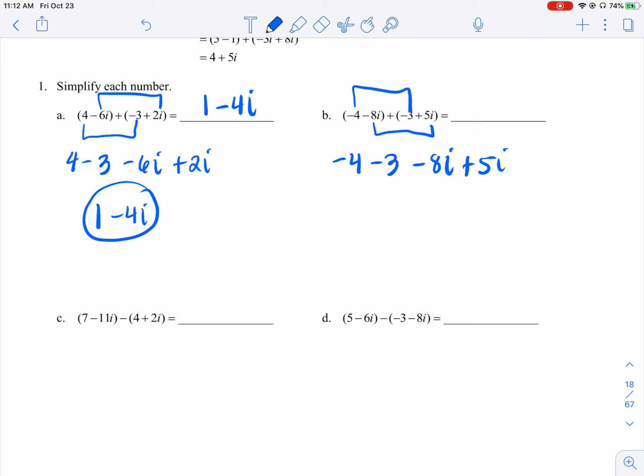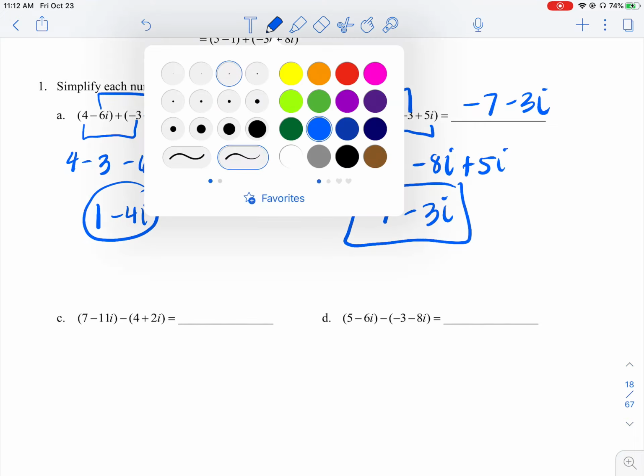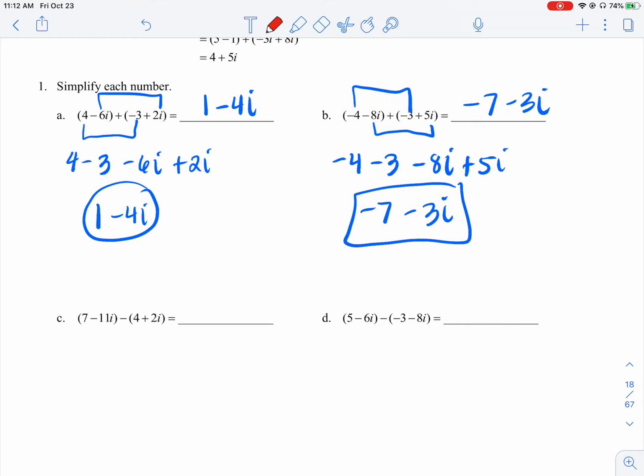Negative 4 minus 3 is a negative 7. You have to be really careful with your negatives, okay? And the negative 8 plus 5 is a negative 3i. So our answer is negative 7 minus 3i. Not bad? Okay, let's move on.